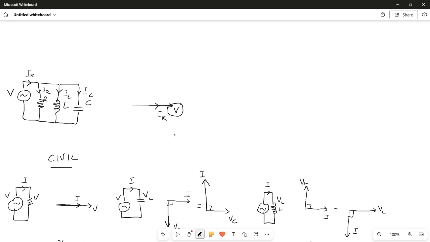Current through the inductor, let's see, if this is V, then my inductive current is down below here. So I'm just going to say my inductive current is here, IL. And so my IC, we will use it for this method, is up here.